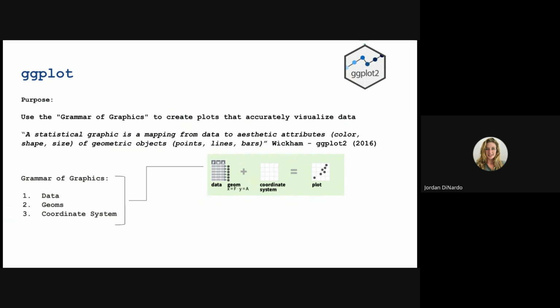And again, the 3 most basic elements of a plot derived from ggplot in the grammar of graphics are the data, what's called the geoms, and the coordinate system. So let's get into that.